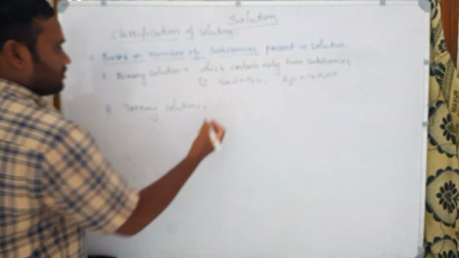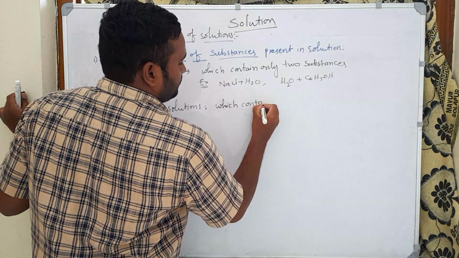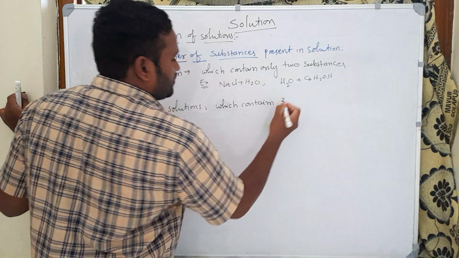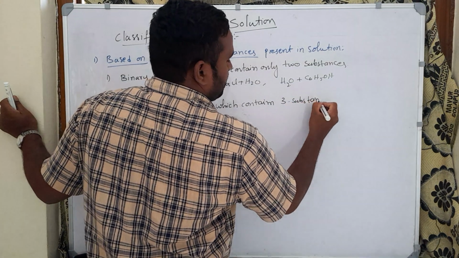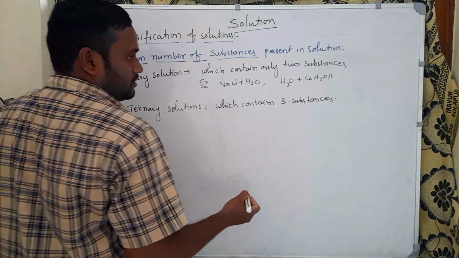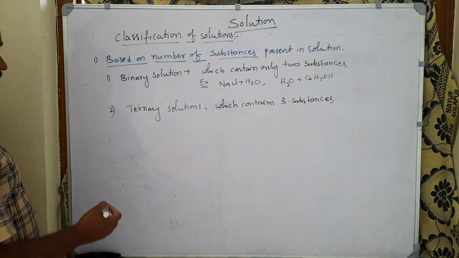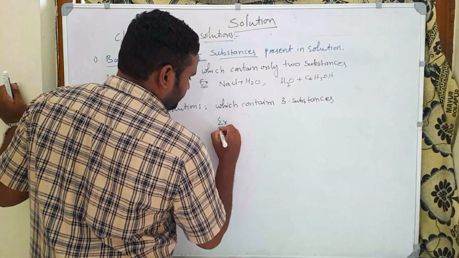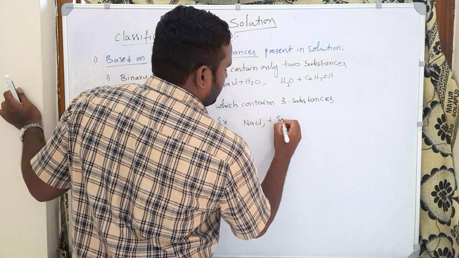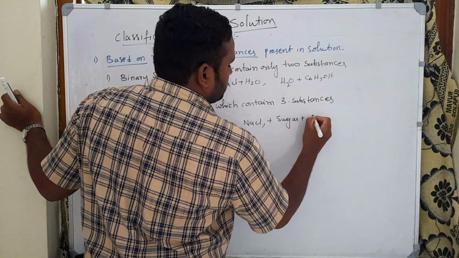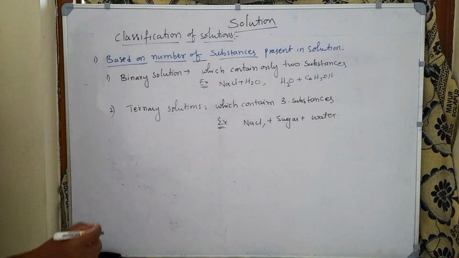Ternary solutions means a solution which contains three substances in it, that is called ternary solution. Example, NaCl plus sugar plus water. This is called ternary solution.